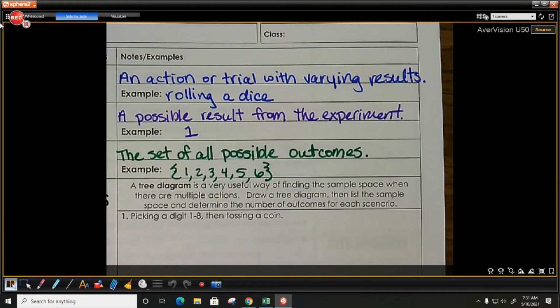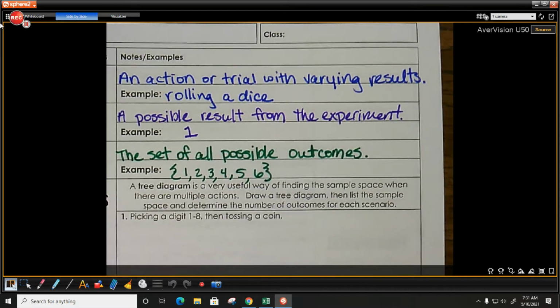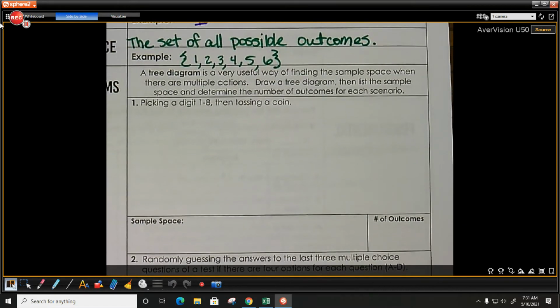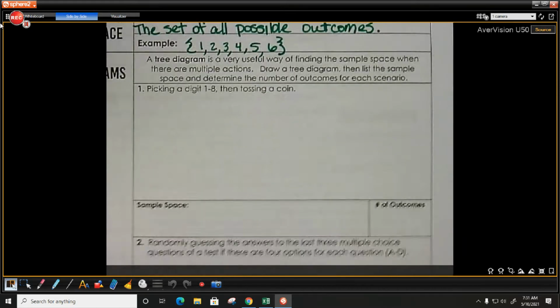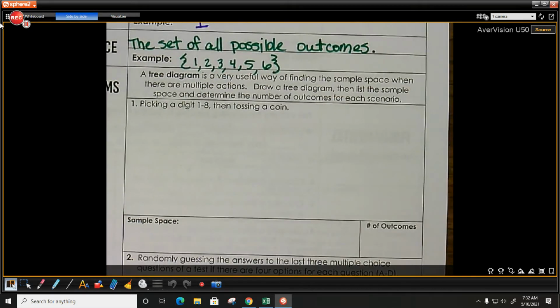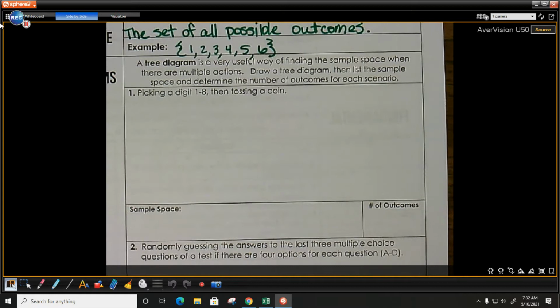Okay, so we are going to draw some tree diagrams. A tree diagram is a very useful way of finding the sample space when there are multiple actions. Draw a tree diagram, then list the sample space and determine the number of outcomes for each scenario. So, picking a digit 1 through 8.